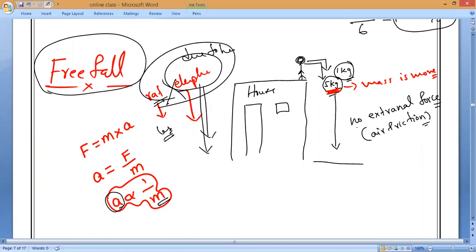Then for any object, the acceleration due to gravity acting on it is independent of mass. So mass is not at all a parameter. So all objects will reach the ground at the same time. That is only called free fall. Understand, Hari?